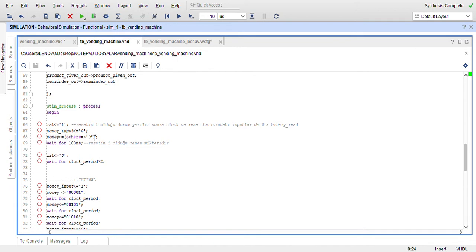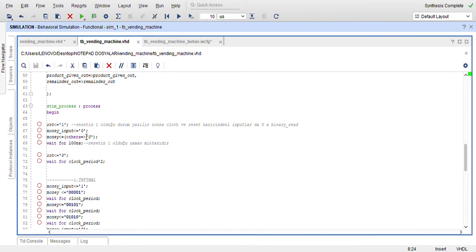At the top of the process, we write the reset situations. Reset is equal to 1. Then our inputs, money input and money, will be 0.